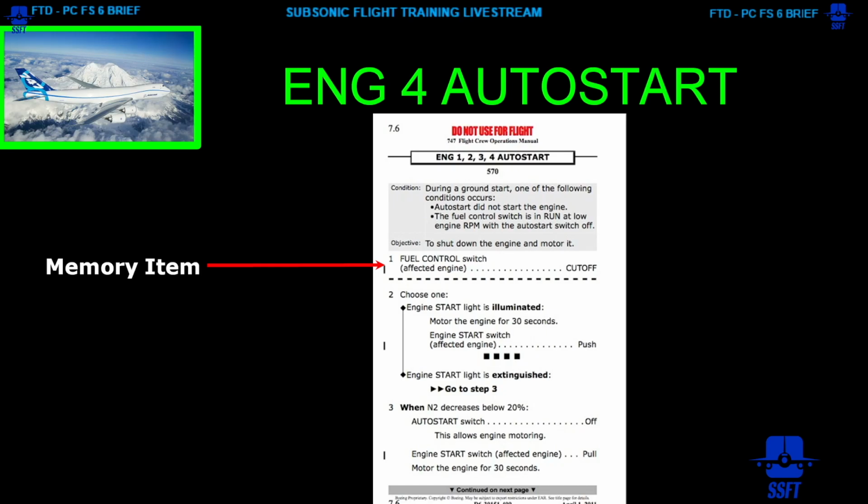But in the case of a hot start or a hung start or something like that, the EEC and the auto start system will attempt to correct the problem. And for the GE engines, it'll try 3 times to correct the problem. So if you had a hot start, it would stop the start, it would motor the engine, and then it would try it again.